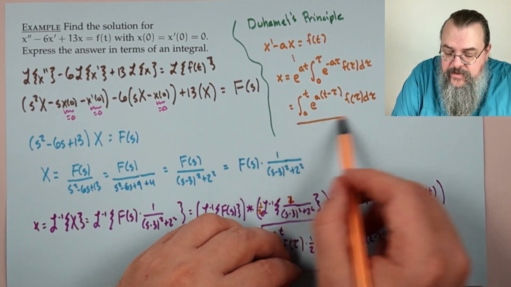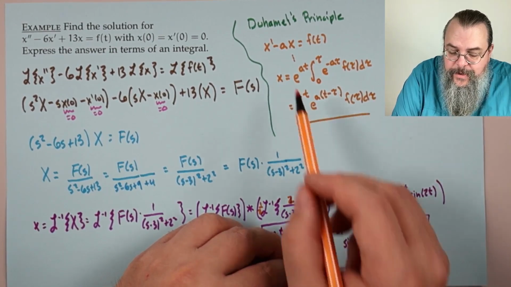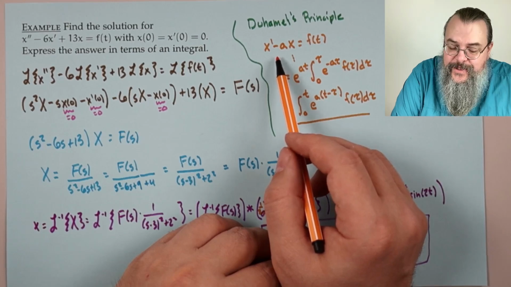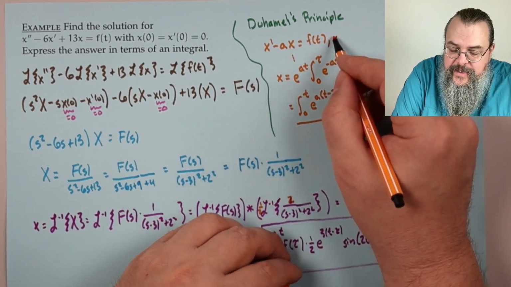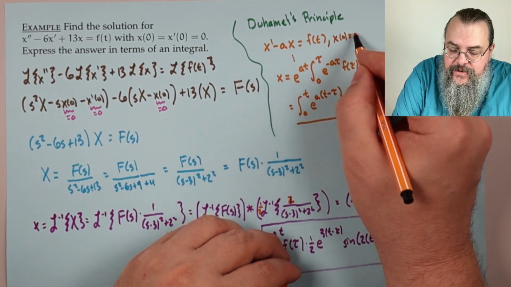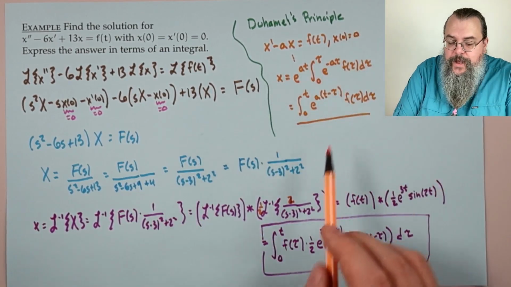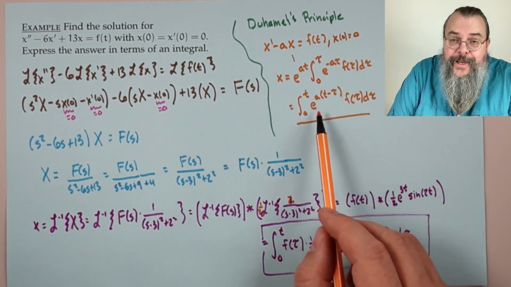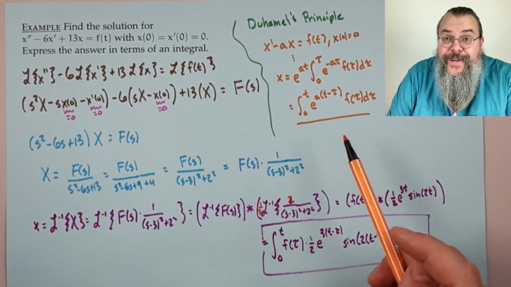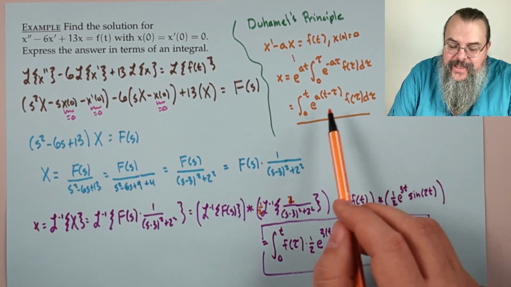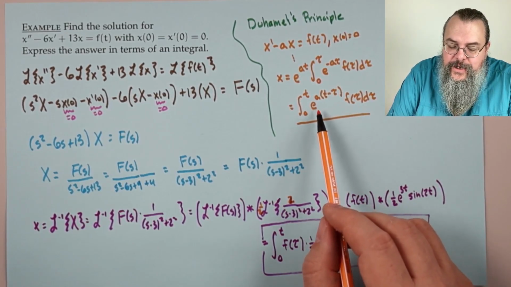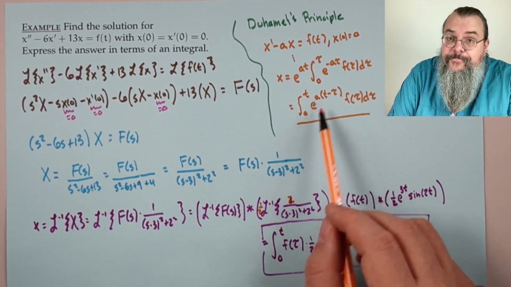So you look at this and say, oh, so when we were solving this first order differential equation, and by the way, I should add that this has the assumption that x of 0 is 0, we actually ended up with a convolution. We just didn't know it was a convolution at that stage. And it just turned out that the right function was e to the at.